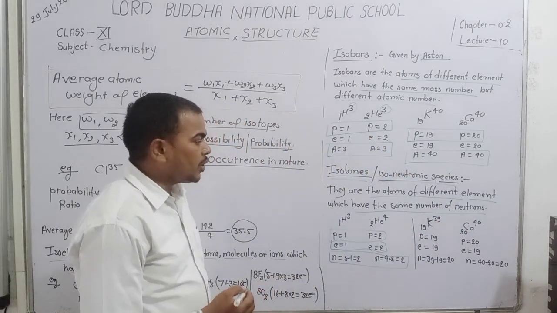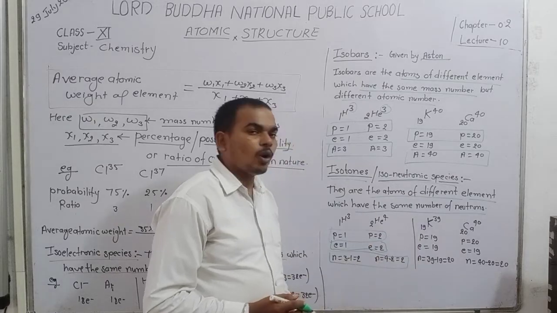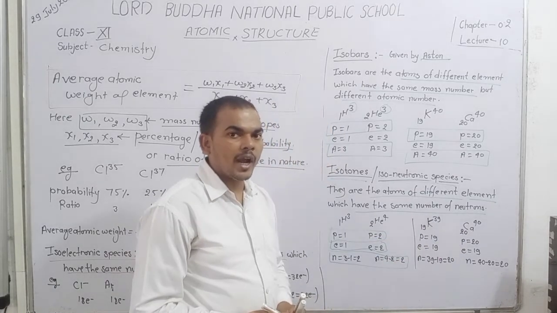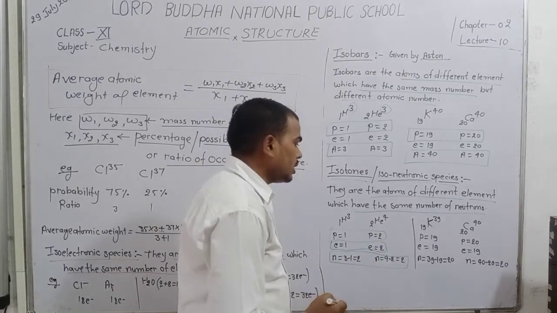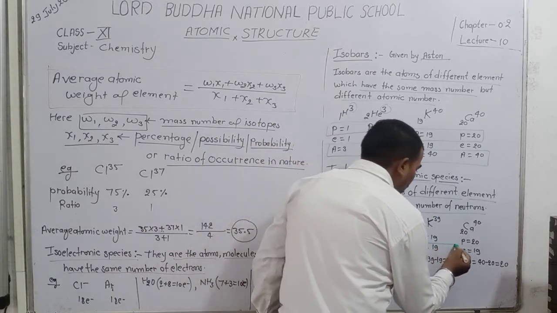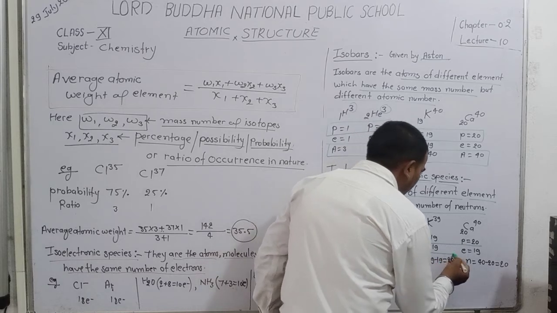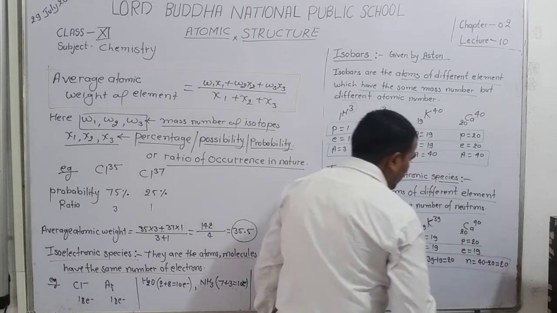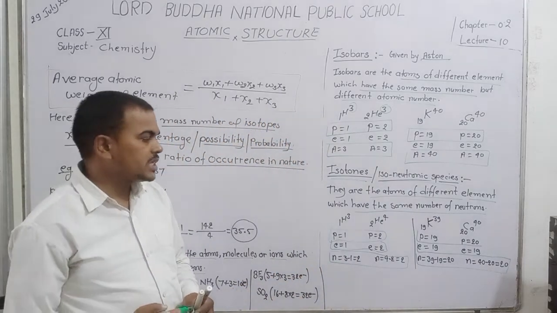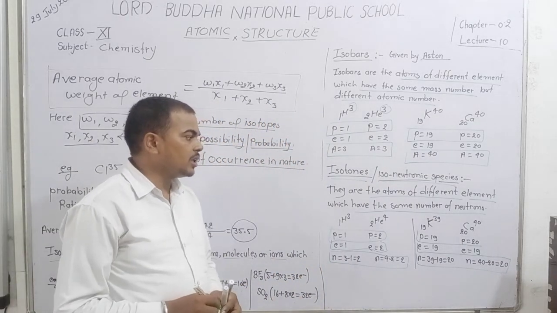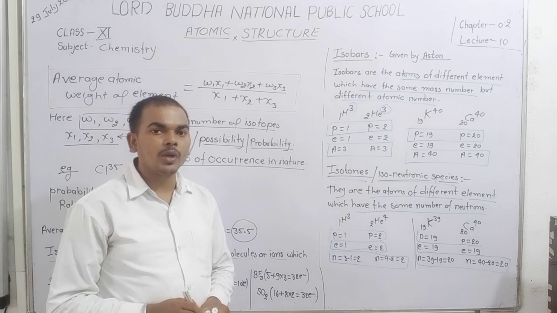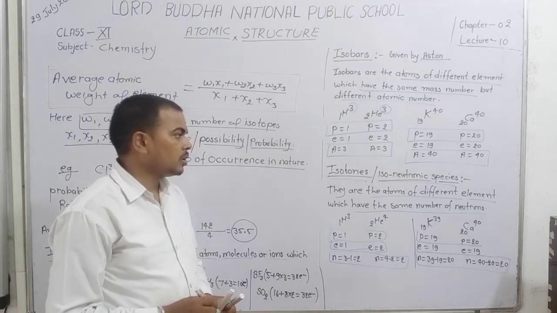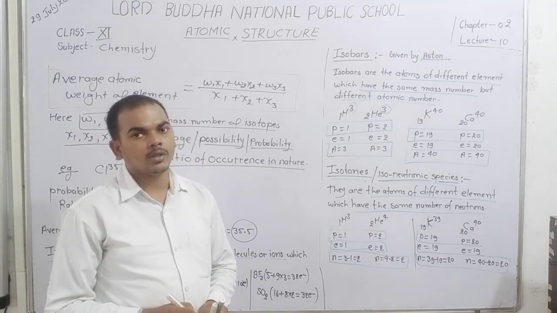Dear students, potassium has atomic number 19, 19 protons. Calcium has atomic number 20 and 20 protons. They have different numbers of protons, different numbers of electrons, but the same number of neutrons. So we say that potassium-39 and calcium-40 are known as isotones, isoneutronic to each other.